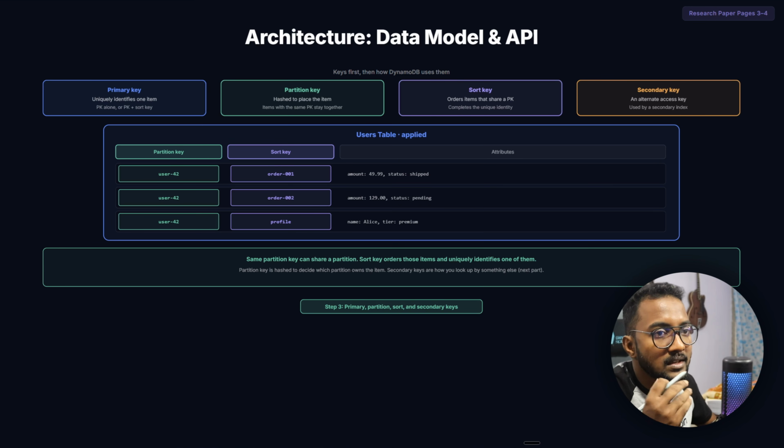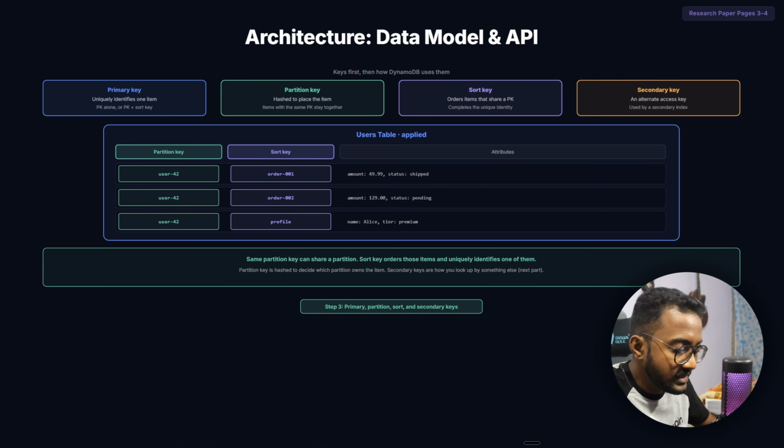Eventually this partition key is hashed, and that hashed value is used to decide where the value will go. Because every piece of data related to user one will be stored in some place, once we decide that this is the primary key, every value associated with a particular primary key will go into one place only.